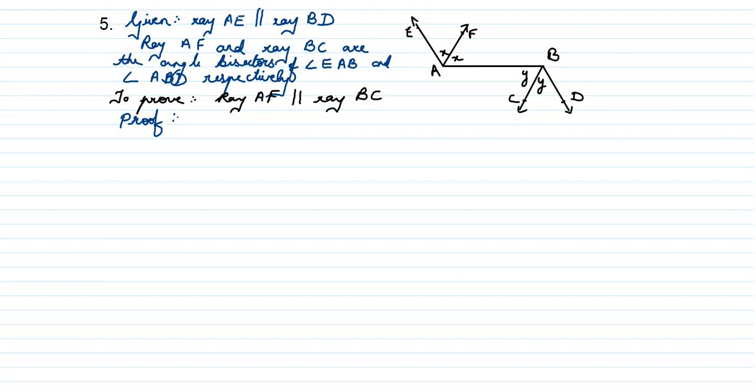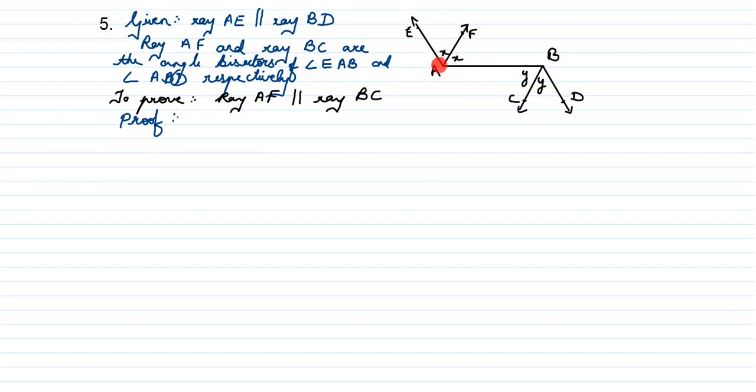Over here, first of all, we'll write what is given. We are given that ray AE is parallel to ray BD. Ray AF and ray BC are the bisectors of angle EAB and angle ABD. That's the reason we have written here XX.